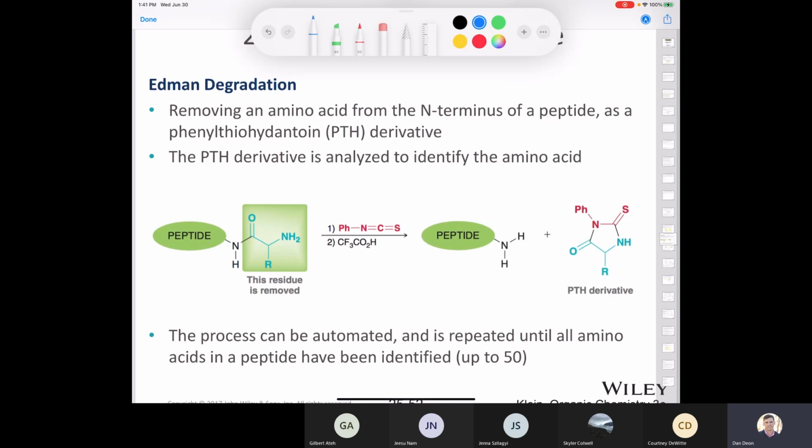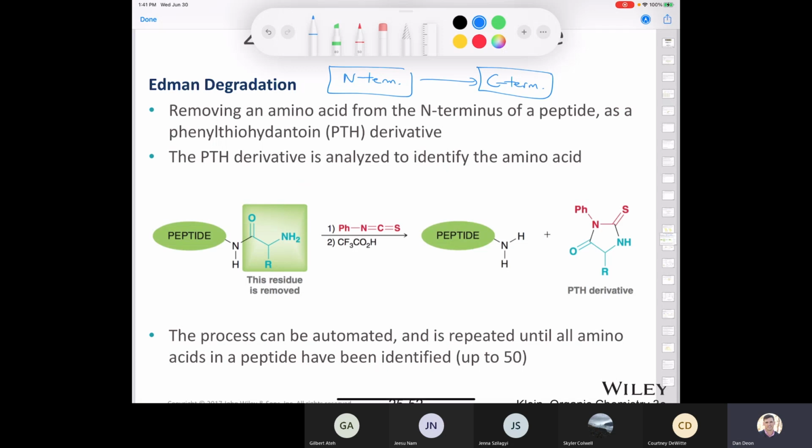And one of those ways is to use what's called the Edman degradation. So Edman degradation, which was obviously developed by somebody named Edman. And the way that it works is that you remove an amino acid from the N terminus of a peptide. Remember, I told you that you go from the N terminus, which is on the left-hand side, and you go all the way over to the C terminus, which is on the right-hand side.